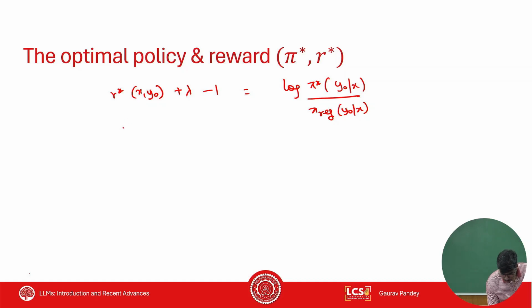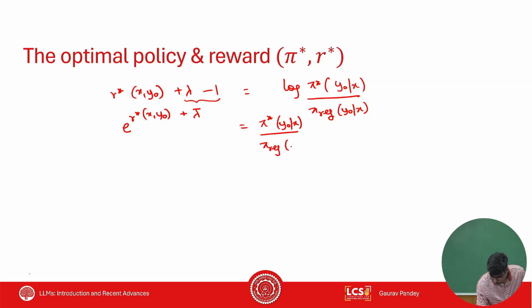You will get e to the power. Lambda is a constant, right? So I will just put lambda minus 1 as lambda bar for now. E to the power r star(x, y naught) plus lambda bar. And if you exponentiate this part, this becomes pi star of y naught given x over pi ref of y naught given x.